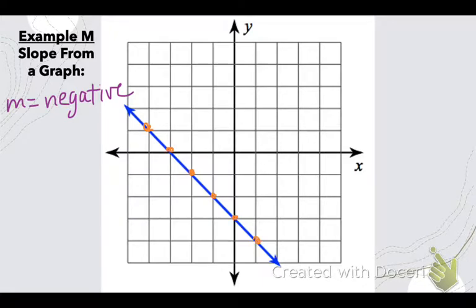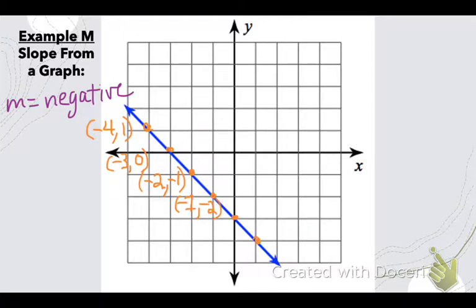So I have a perfect point at (-4, 1), at (-3, 0), at (-2, -1), at (-1, -2), etc.